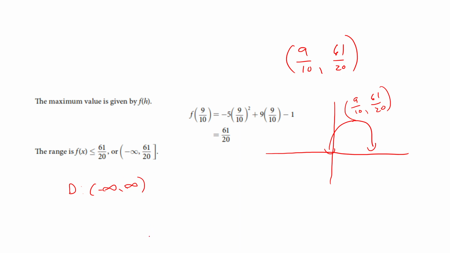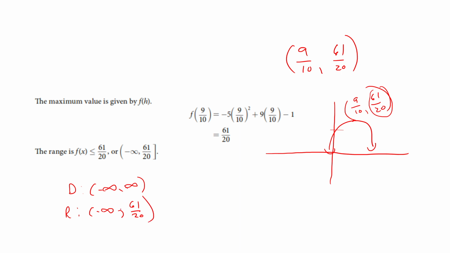Now, how about the range? If we were running our ruler up the y-axis, we would be hitting something everywhere until we get right here, which happens to be the value of k. So our range is negative infinity to k every time.